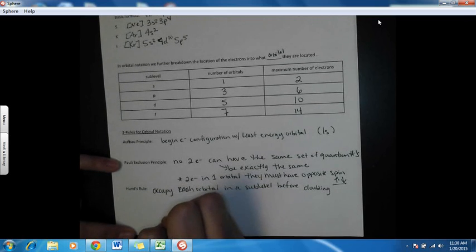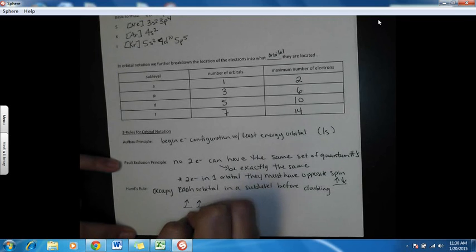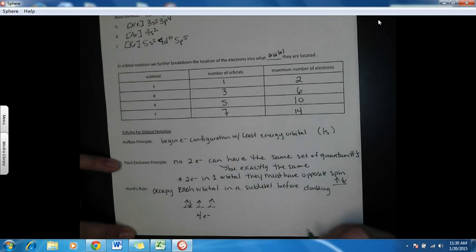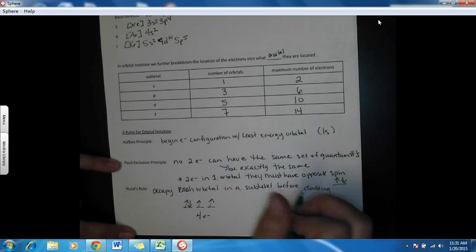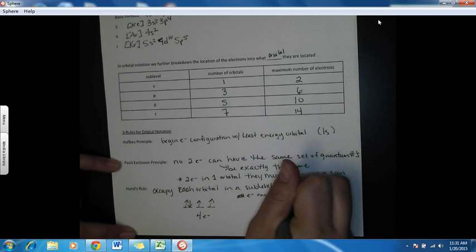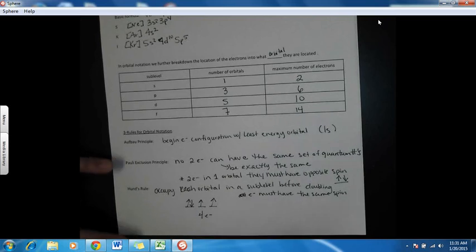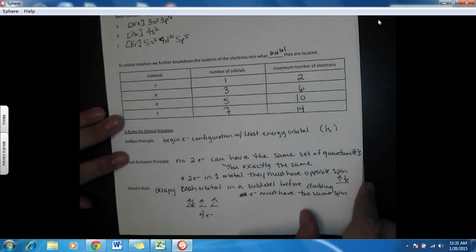Hund's rule says we have to do 1 electron in each orbital, and then we can double. It also says occupy each orbital in a sublevel before doubling, and all those electrons must have the same spin, which is why I did them all up first. Okay? So we're going to use those rules to write orbital notation.